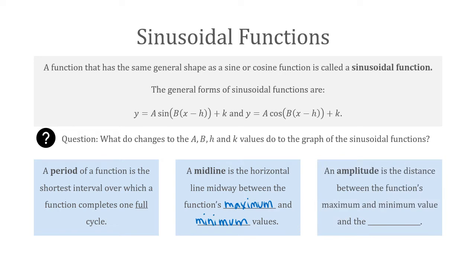The amplitude is the distance between the function's maximum and minimum value and the midline. Now, here's the question. Which one of those letters, a, b, h, and k, do these things represent? And that's what we'll explore in the next few examples.